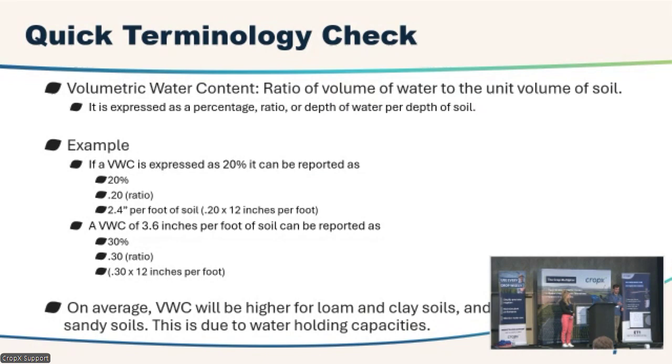In this example, volumetric water content is being expressed as 20%. A lot of times university material might express it as 0.2, or 20%, or 2.4 inches per foot.